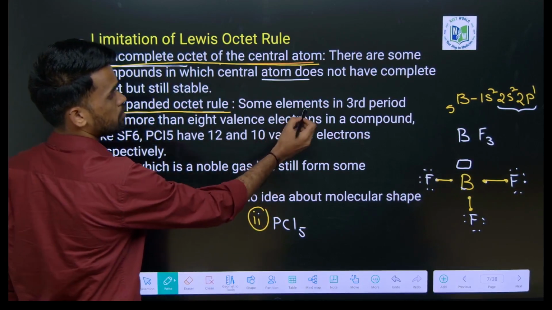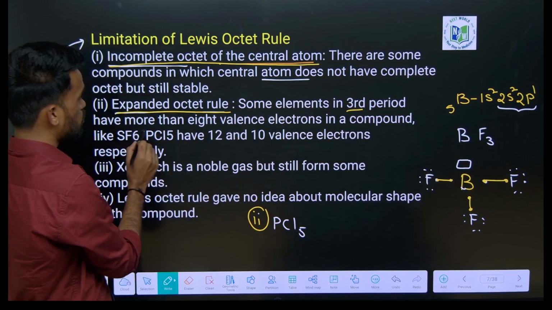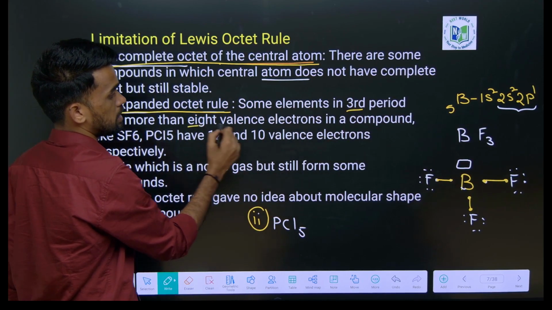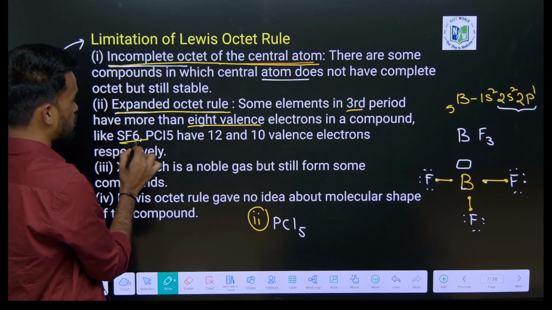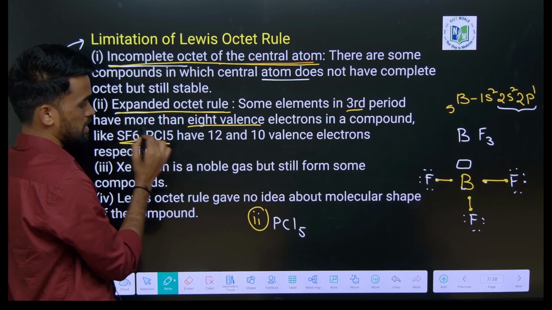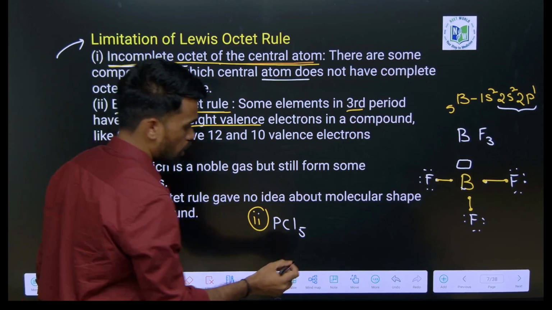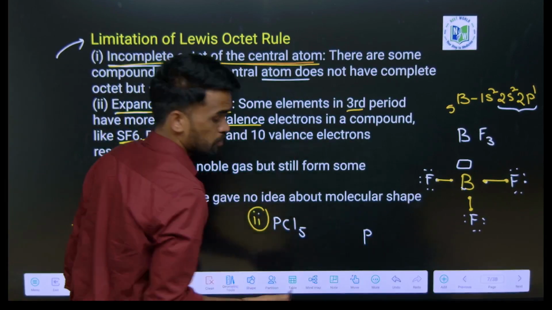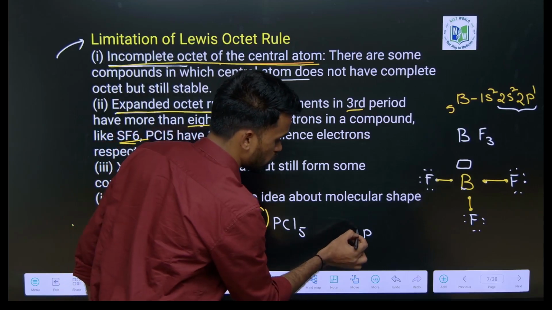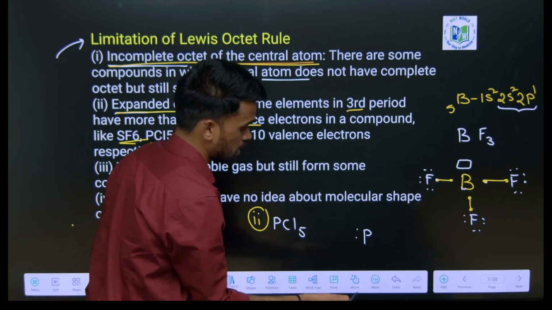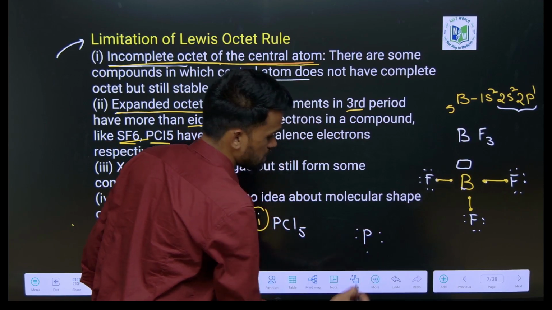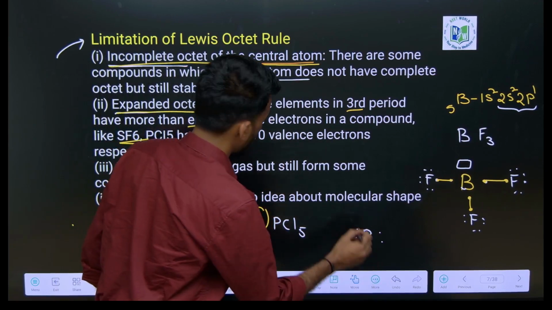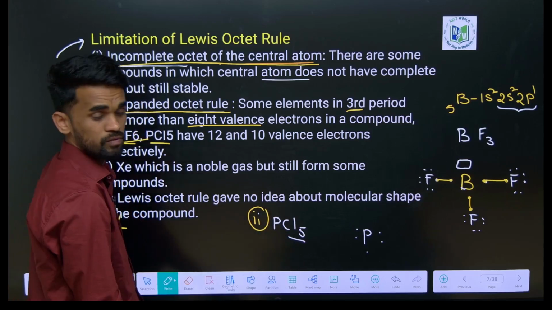Some elements in the third period have more than 8 electrons in the valency. For example, SF6 and PCl5. Let us look into how it works. Phosphorus is a 15th group element, therefore it has how many valence electrons? 5, right? So you can write 5 valence electrons like this. Now how many surrounding atoms are there? 5.